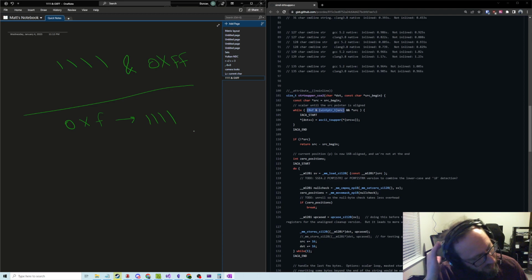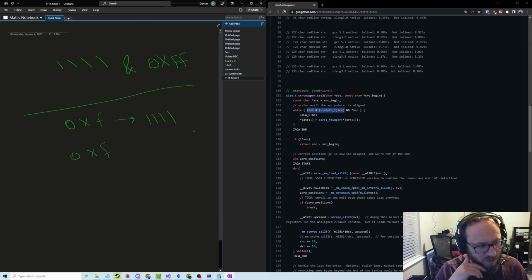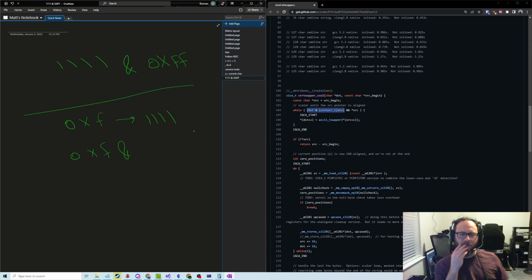And so what I'm thinking is, since I said it has to be 16-byte aligned, which means the address has to be a multiple of 16, so if we do 0 and some address, there's some aspect of this that I don't know.